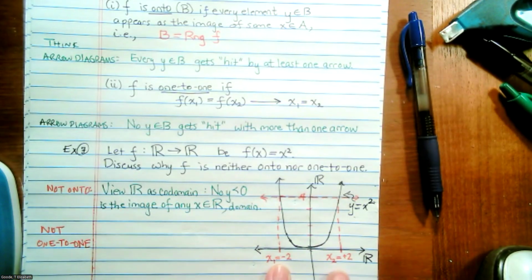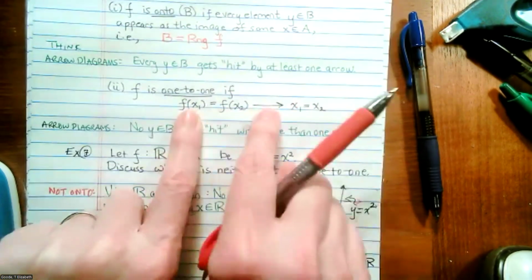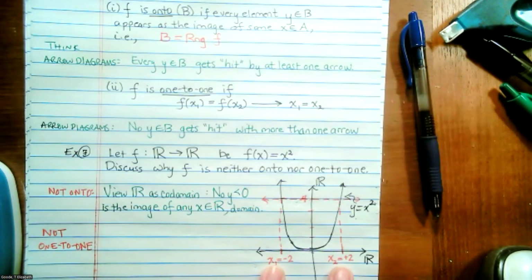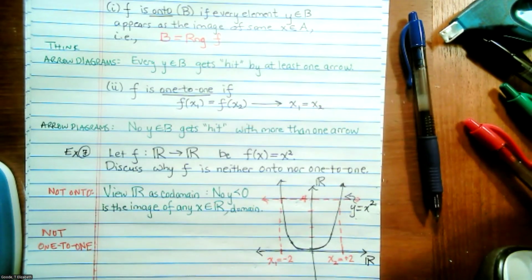So f of x1 equals f of x2, and I'm looking at the negation of the definition of one-to-one, and x1 is not equal to x2.